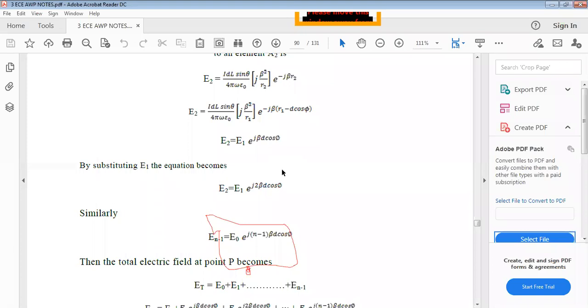Similarly r2, a2 to point P. But here the assumption is that all those lines are parallel. Already I told you, in practice the lines joining at point P do not touch each other. They are simply parallel lines.